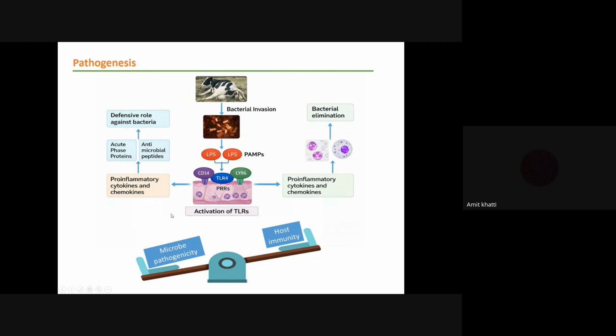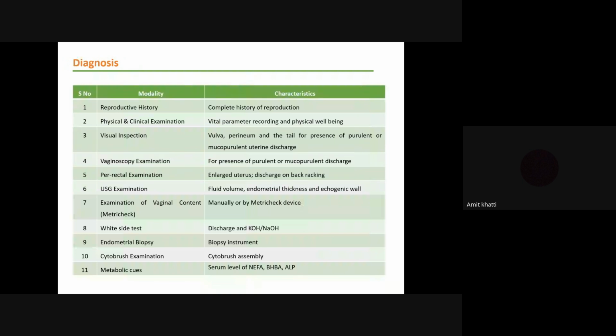This phenomenon should occur in the ideal condition. If this optimum condition is not followed, then microbial pathogenicity will be on the higher side, and the animal will develop postpartum uterine infection.